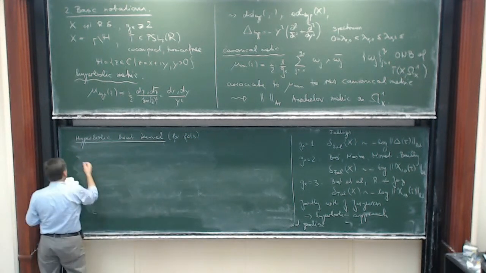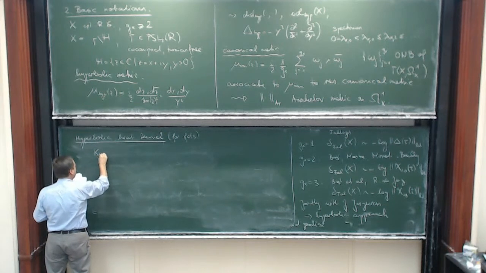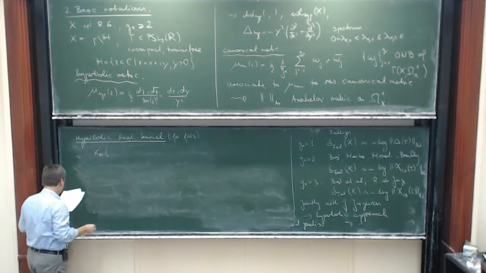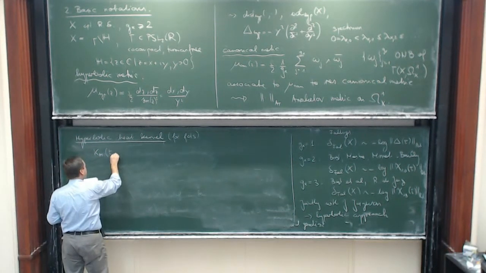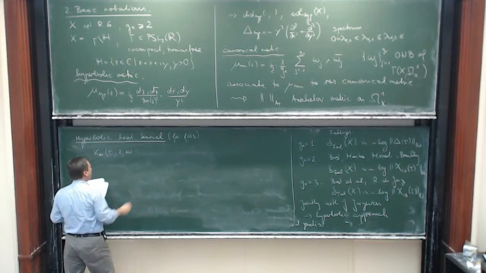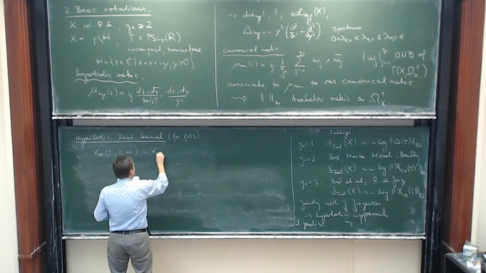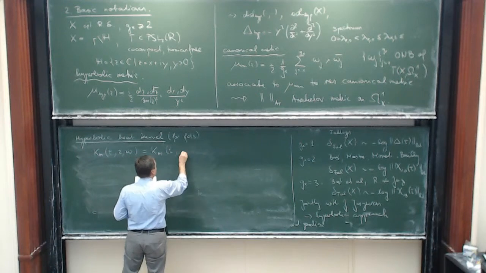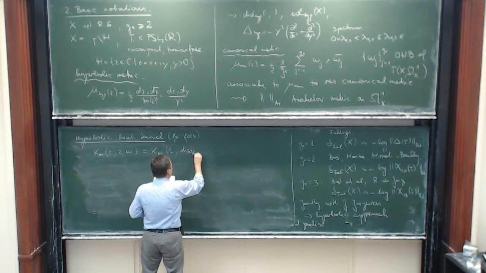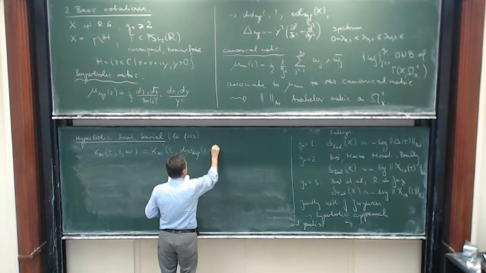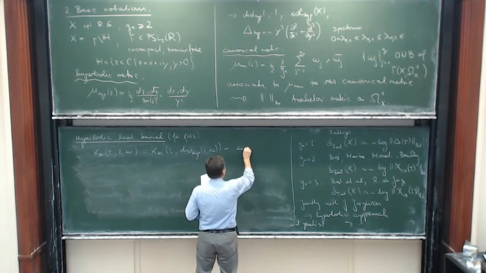I mean, you know, there's a formula K for the universal covering. There's an explicit formula. It depends on time variable and Z and W. And in fact, it only depends on the hyperbolic distance between Z and W. And there's an explicit formula.